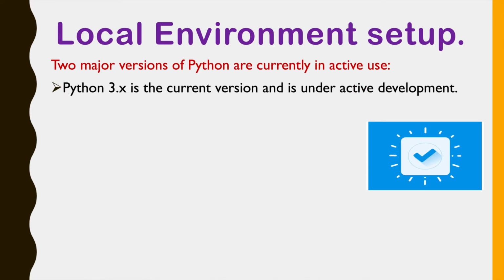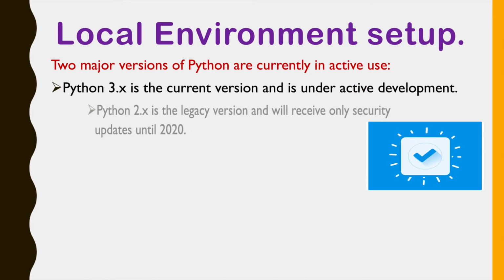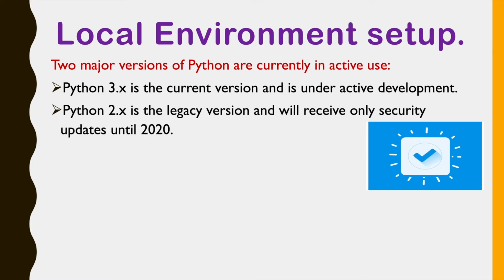First, Python 3, that is the current version and is under active development. And second is Python 2, that is the legacy version and will receive only security updates until 2020. No new features will be implemented. Many projects still use Python 2, although migrating to Python 3 is getting easier.